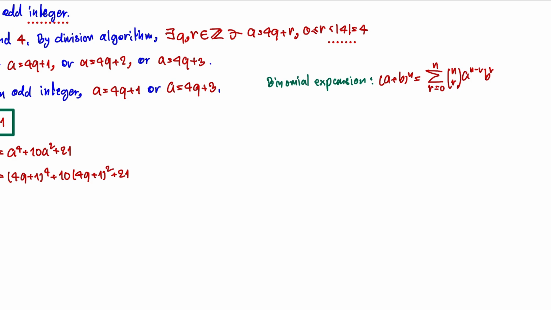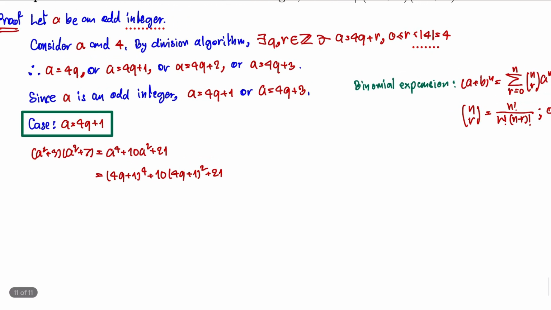And what is n choose r? n choose r is n factorial over r factorial times (n minus r) factorial, where r must be greater than or equal to 0 and less than or equal to n.